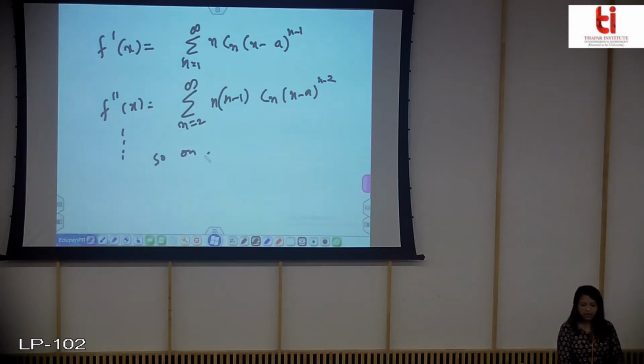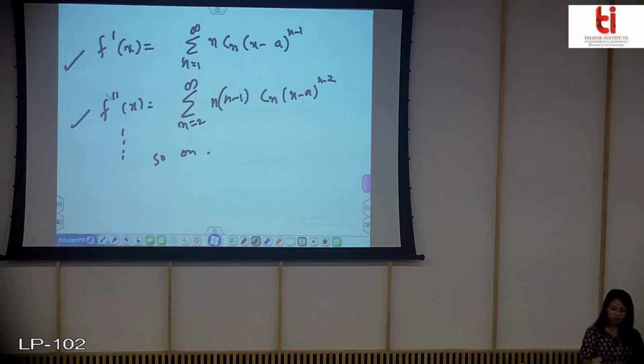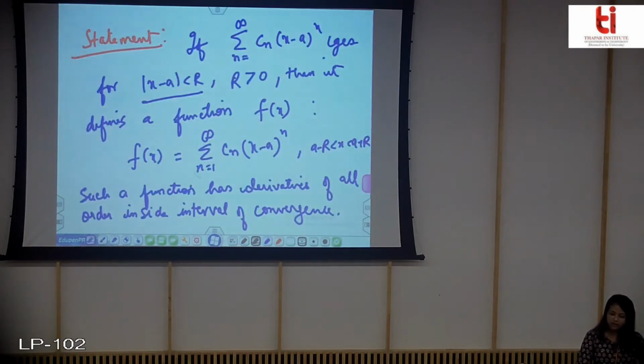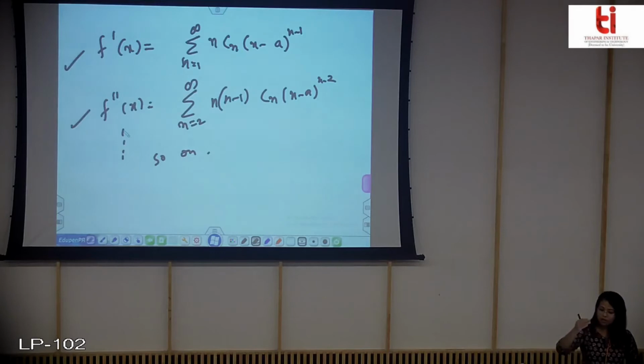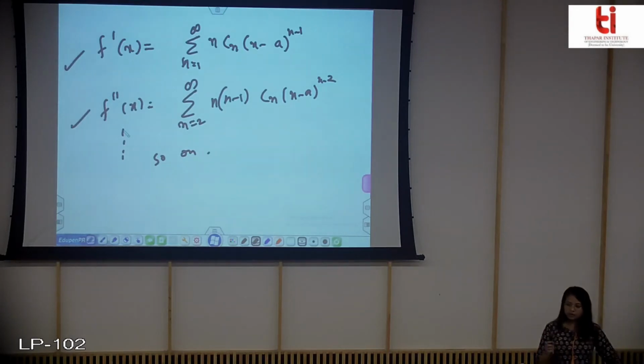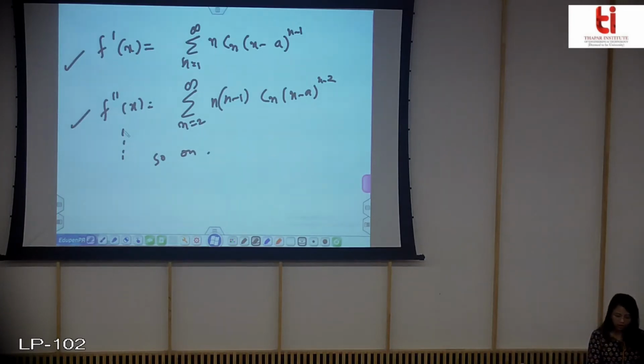Now each series which is derived, this and so on, is also convergent for every interior point in the interval of convergence of the original series. This was the interval of convergence for the original series. So what we can say about these derived series is that they are also convergent for each of the interior points in this interval of convergence.